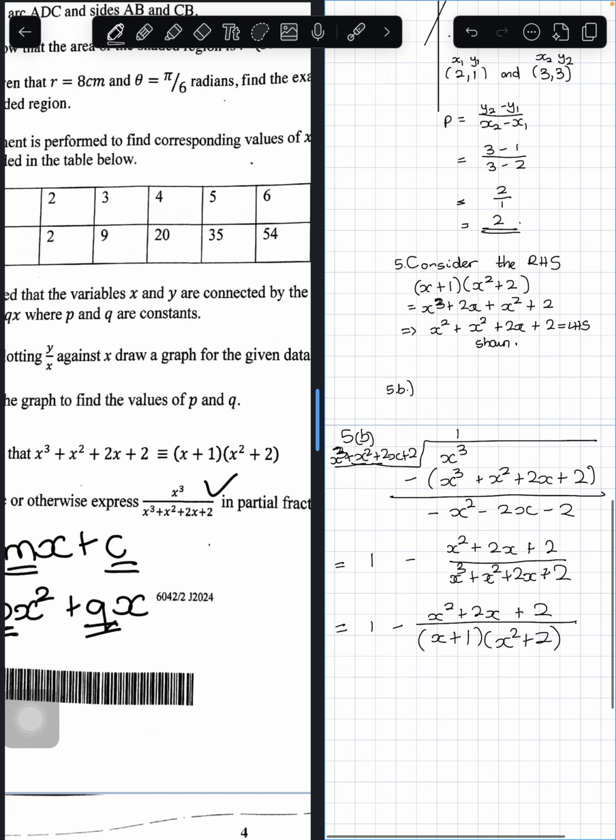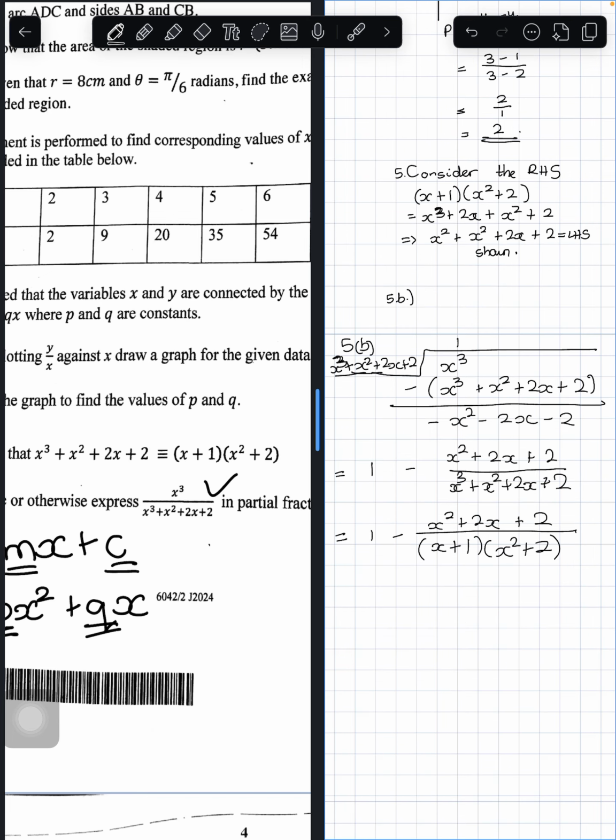Right, so we're not done with partializing, because we need to deal with this side.